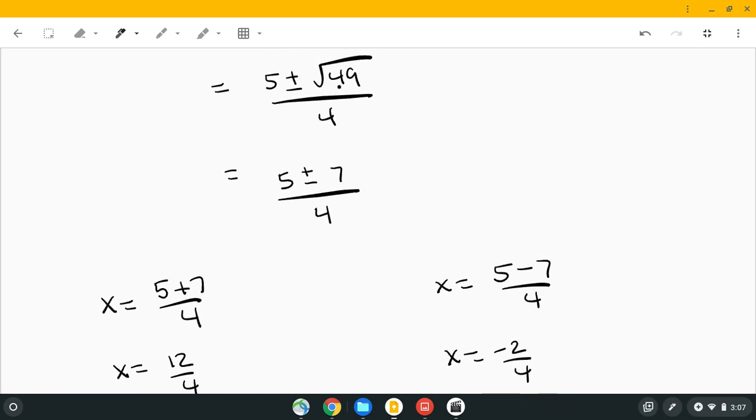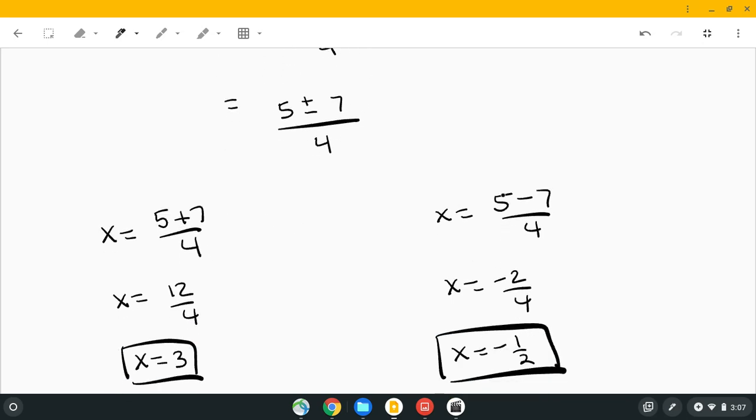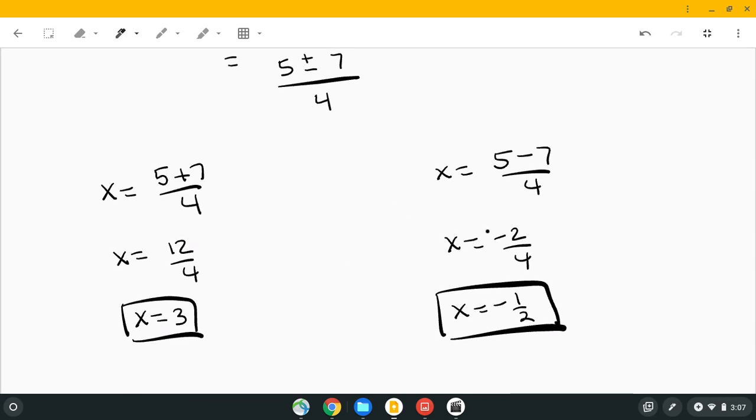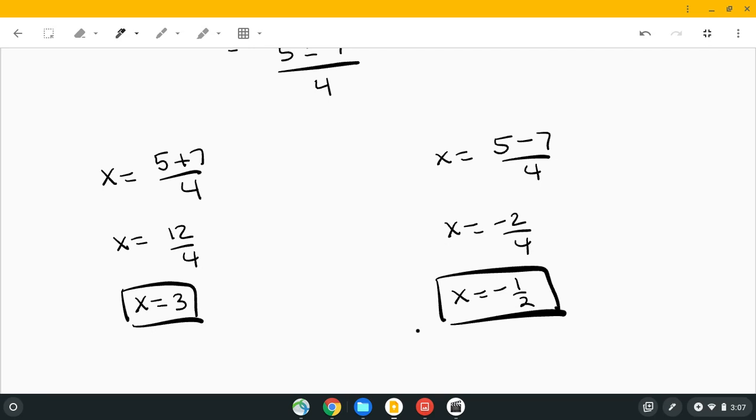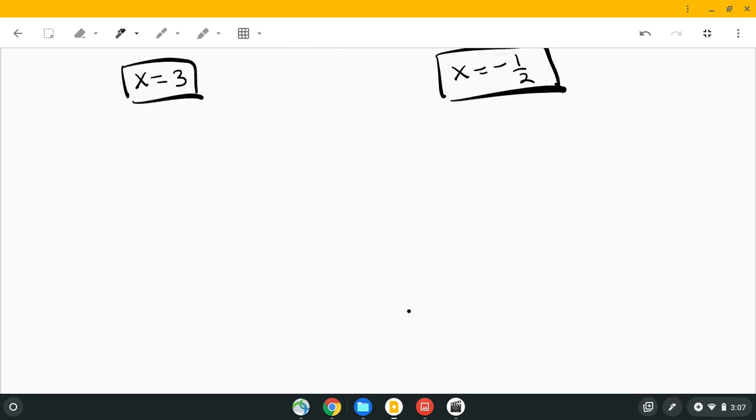If you ended up with, like, say, square root 47, then you just stop here. 5 plus minus square root 47 all over 4. Okay. But if it simplifies, like it does here, to square root 49 simplifies to 7, then make sure that you do the two answers, work out the two answers completely. Okay? All right, let's do one more.